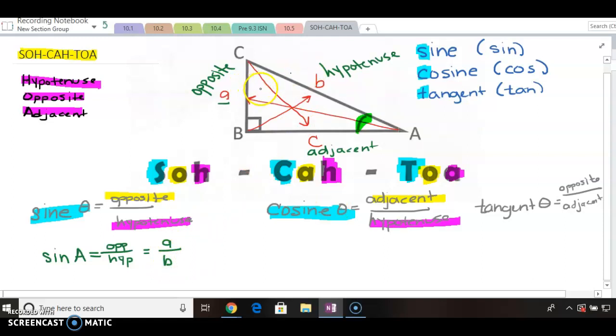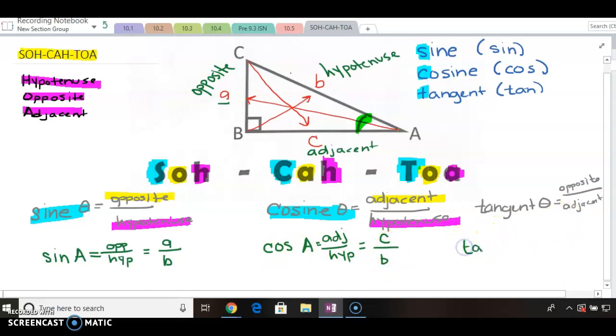We're going to do a truer example here in a minute. It'll make more sense. My cosine of A now equals, well, cosine is always adjacent over hypotenuse. Notice my adjacent side to A is side c, and my hypotenuse is still b. So I could say the cosine of angle A is c over b.